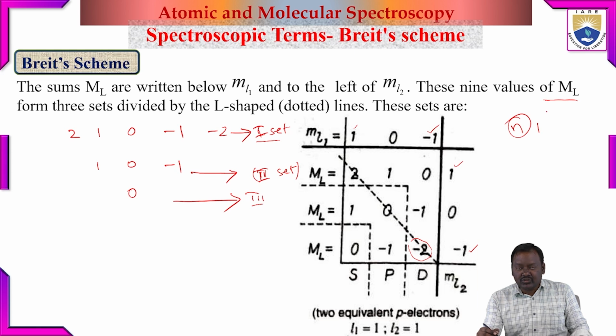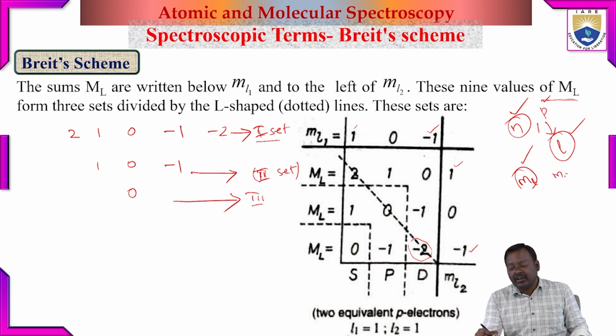And again, those two electrons are in the p shell. For p shell, L is also same. So N is same, L is same, and these values are obtained only when ML values are same. Then MS value must be different.